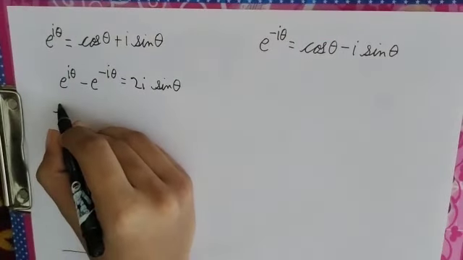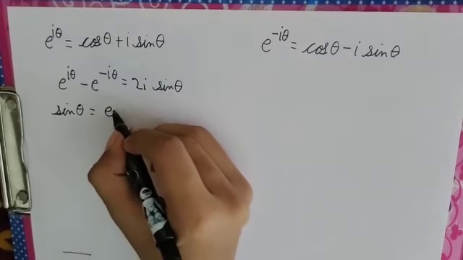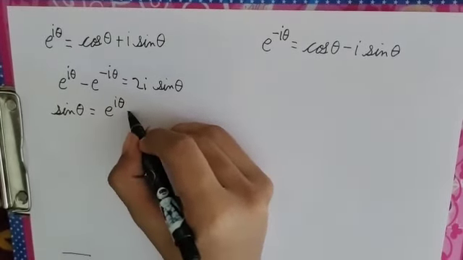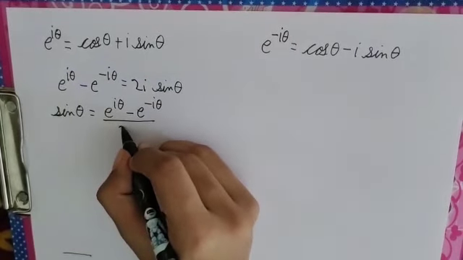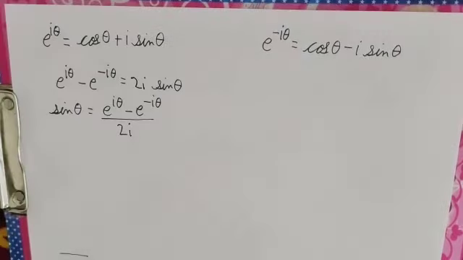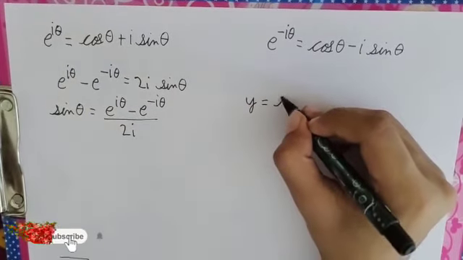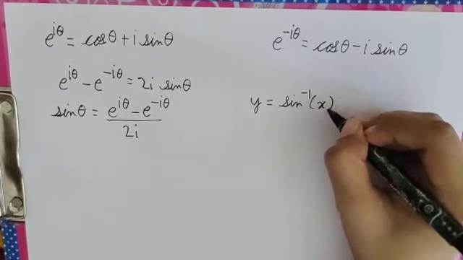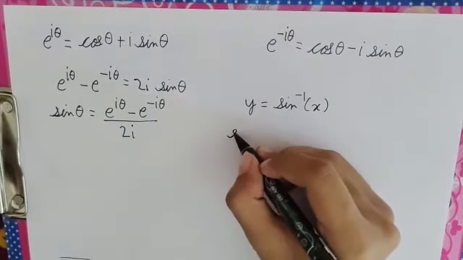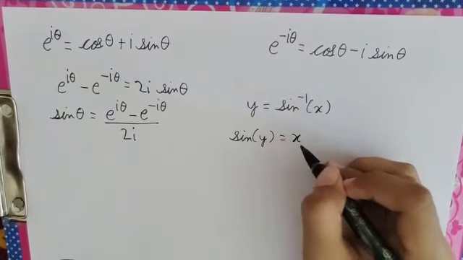Therefore, sin θ is equal to (e^(iθ) minus e^(-iθ)) upon 2i. Now let y equal sine inverse of x. Therefore, sine of y is equal to x.